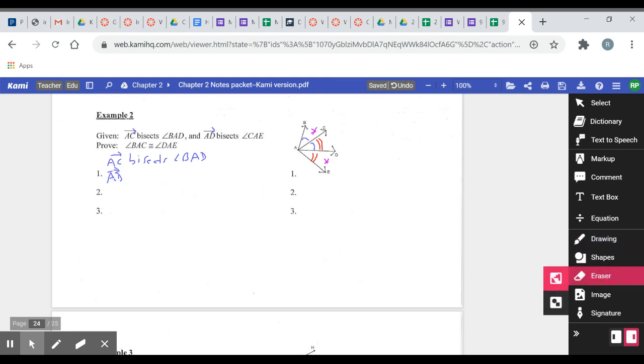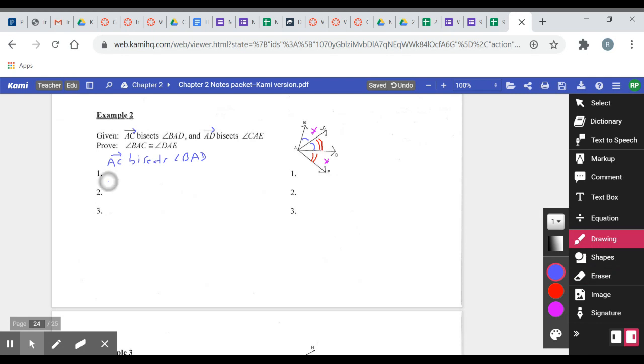Let me try that again. Okay, so I've got ray AD bisects angle CAE. Okay, and all that's given.